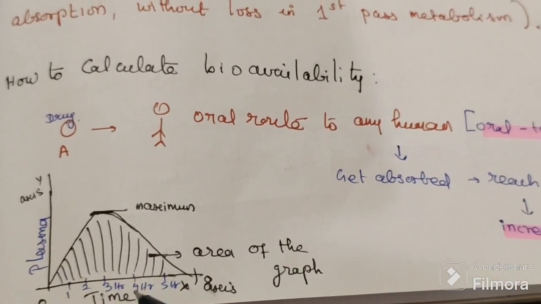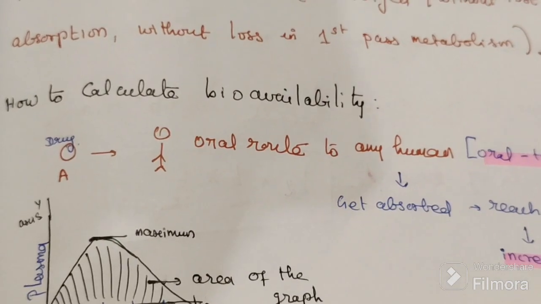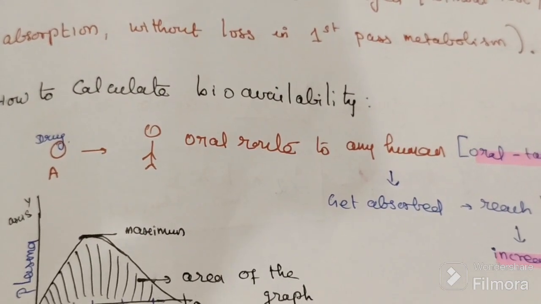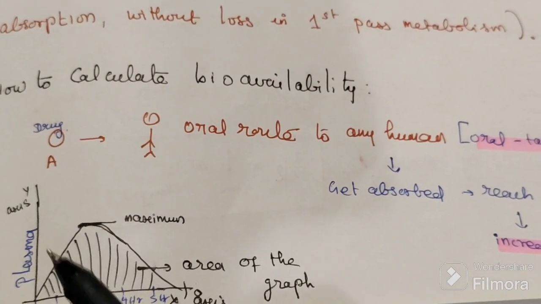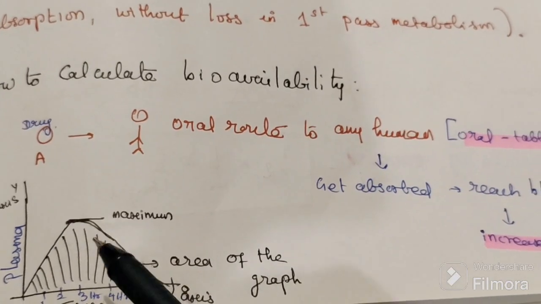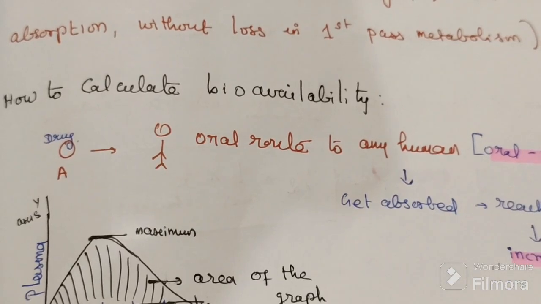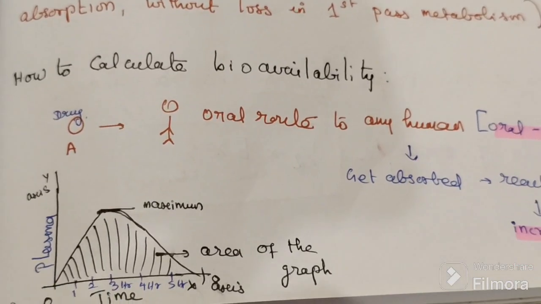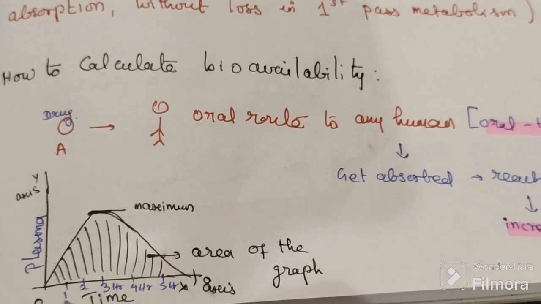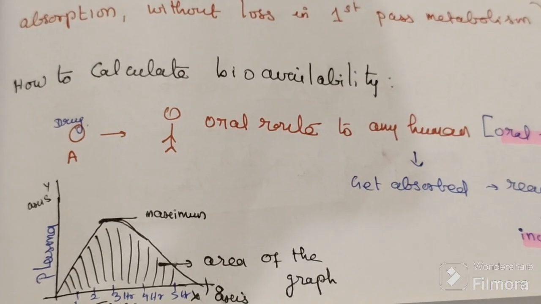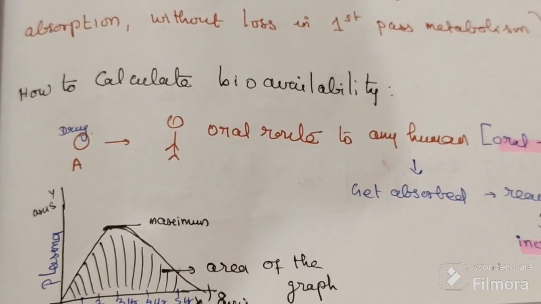So this graph is plasma concentration versus time. If you take the area of this graph, it is looking like a triangle. You know the formula of a triangle?